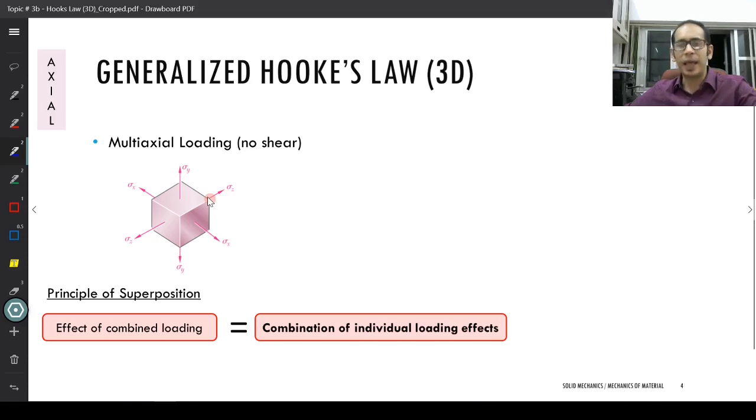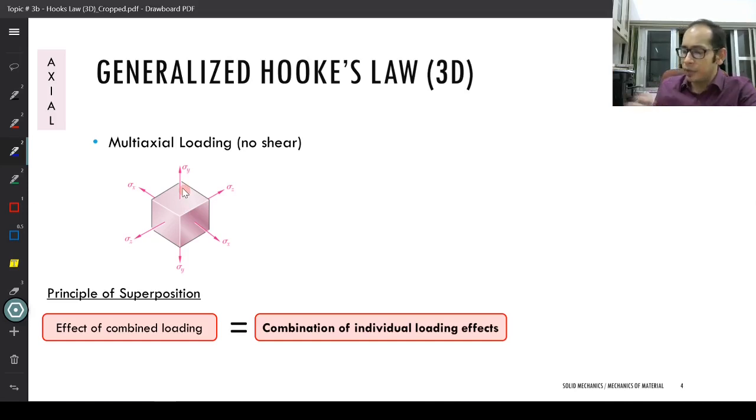When I have a structure like this, or a small cube I've extracted from a structure, the question is what are going to be my different strains? I have these stresses in terms of the sigmas. So what is going to be my epsilon x, epsilon y and epsilon z?